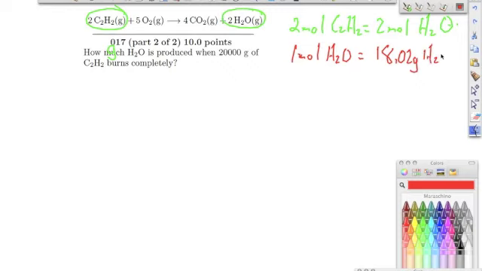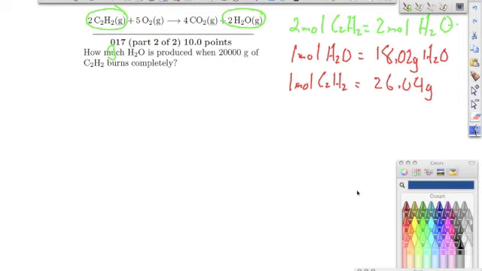And we're starting with 20,000 grams of C2H2, so we need the molar mass of that. Molar mass of 2 carbons plus 2 hydrogens, so 2 times the atomic mass of carbon, 2 times the atomic mass of hydrogen, and we get the molar mass of C2H2 is going to be right around 26.04 grams of C2H2.